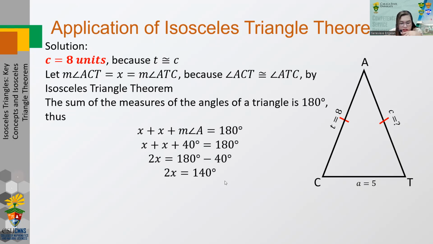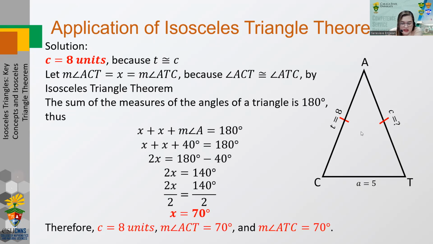So divide both sides by 2. So you have x is equal to 70. So ang measure ni angle C and angle T is 70 and CA is 8. So therefore, the measure of angle ACT is equal to 70 and the measure of angle ATC is also equal to 70.